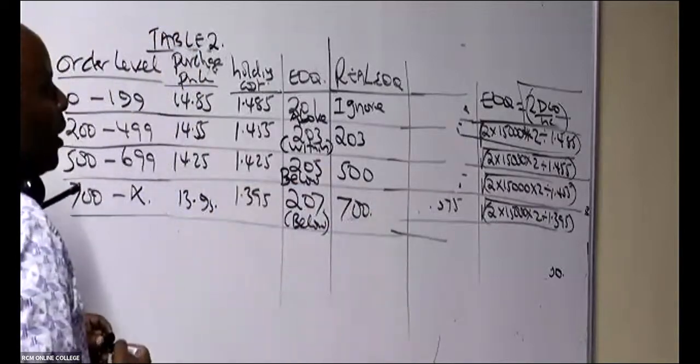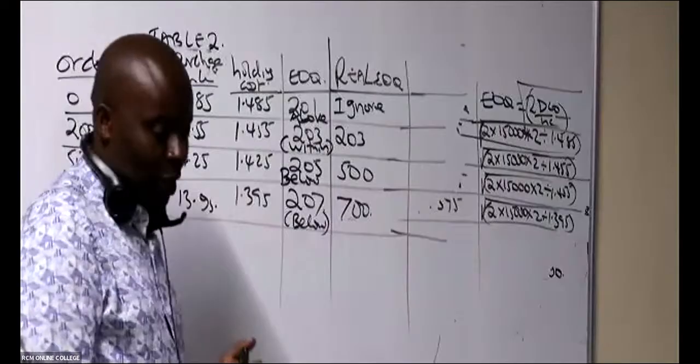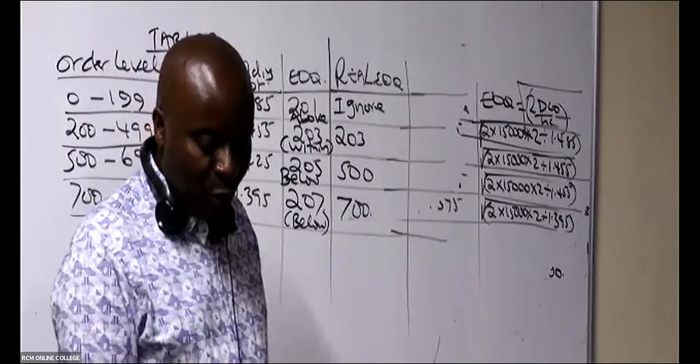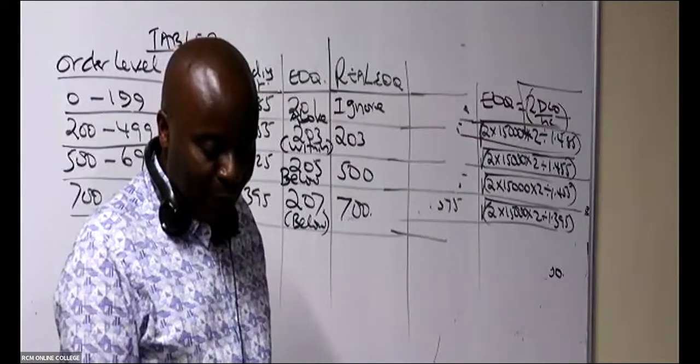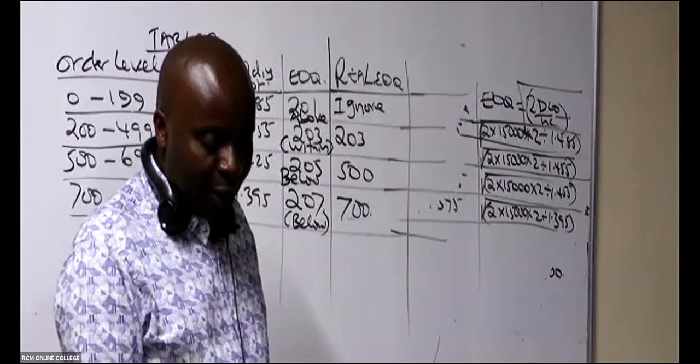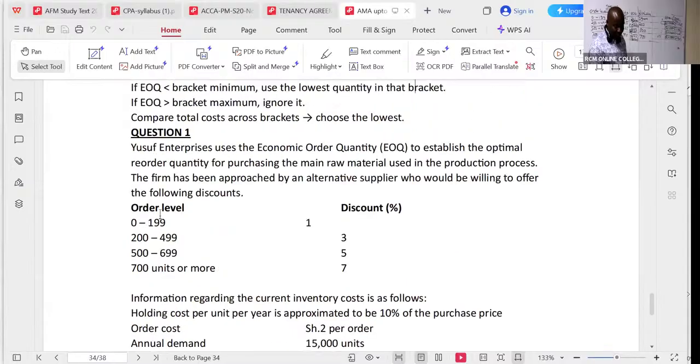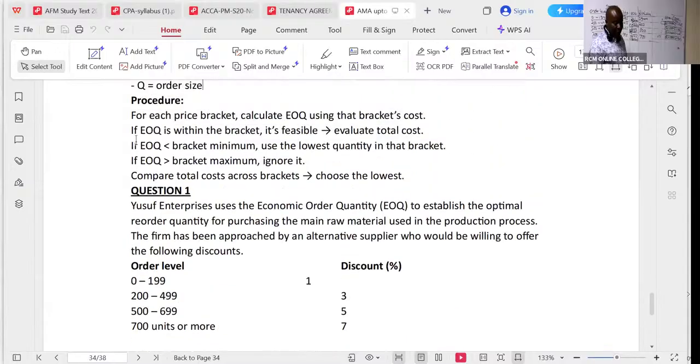Please allow me to repeat this concept for the safety of everyone. What have we been told here? Very, very important: if EOQ is within the bracket, it's feasible, it's real. Evaluate it.